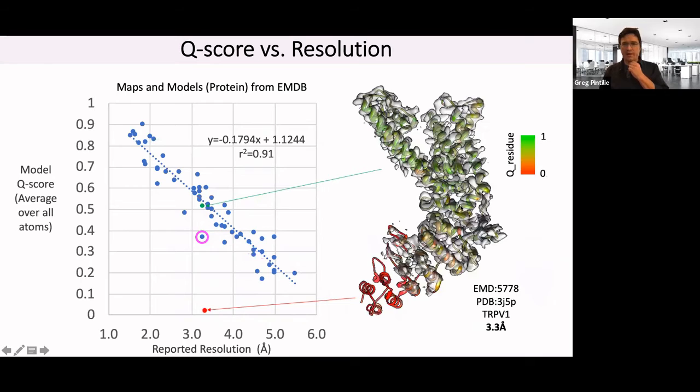So when I opened that map and the model, what I noticed is that part of the protein is well resolved. Here we can color the backbone or the ribbon using the Q-score. The residues with higher Q-scores are green, and the residues with lower Q-scores are red.